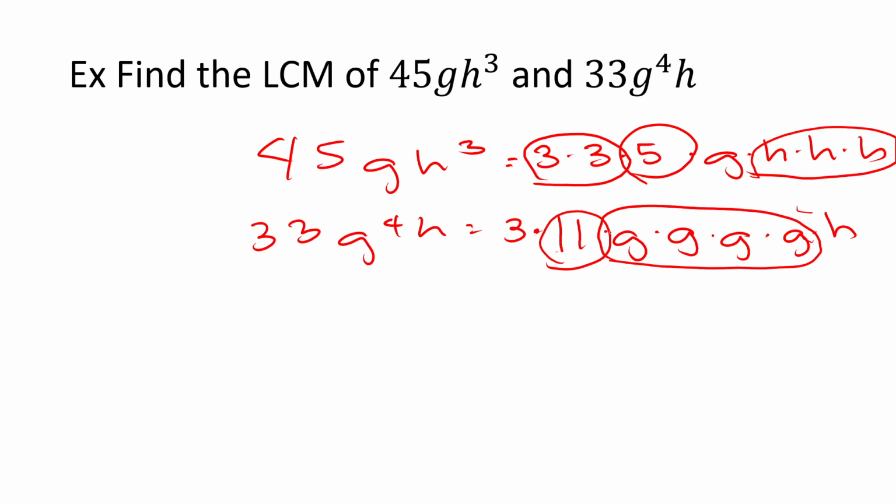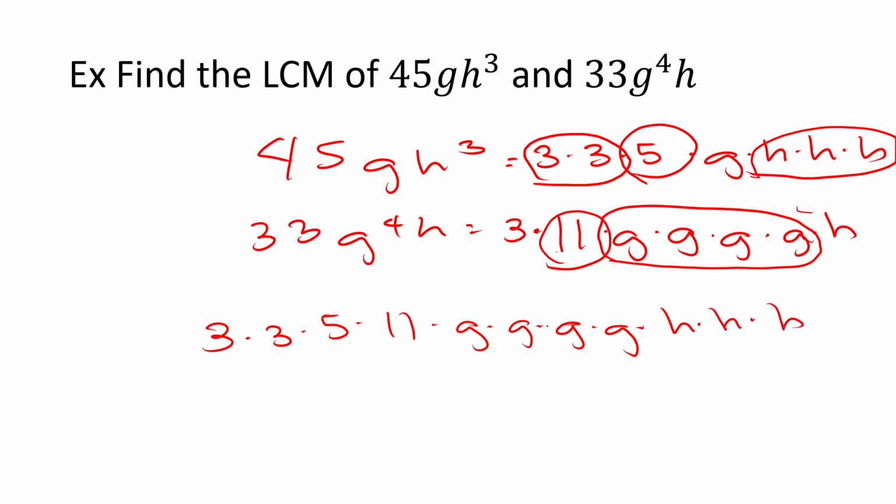And then put them all together. You get 3 times 3 times 5 times 11 times g times g times g times g times h times h times h. Now focus on the numbers. 3 times 3 times 5 times 11 is going to be 495.